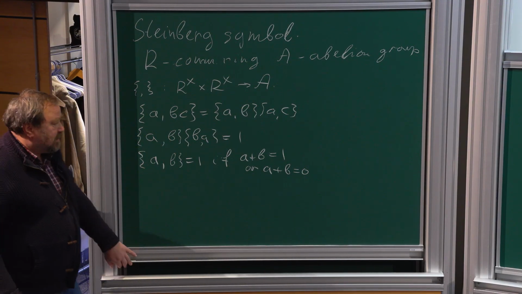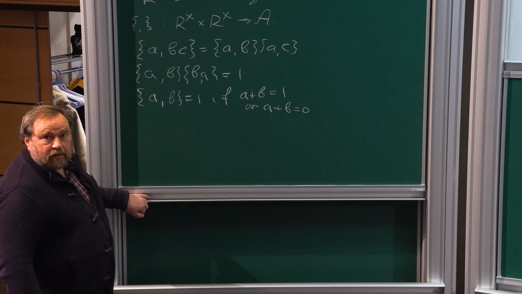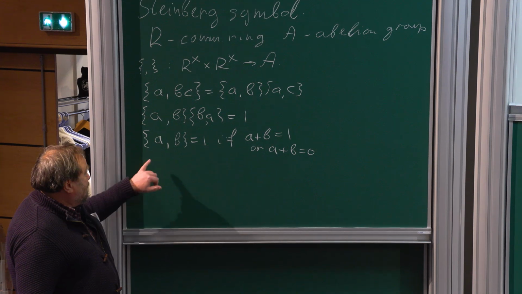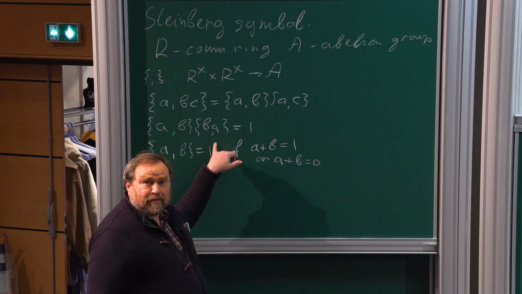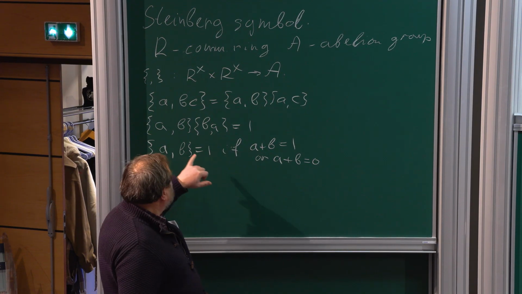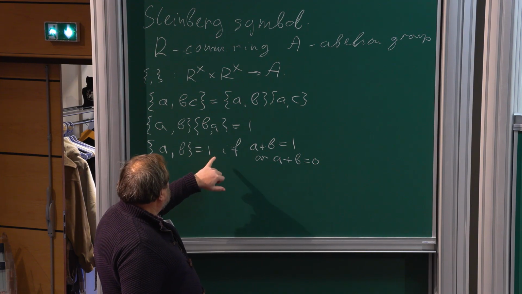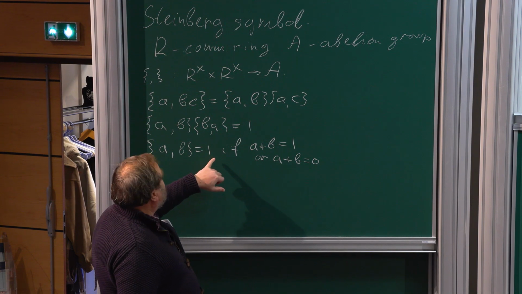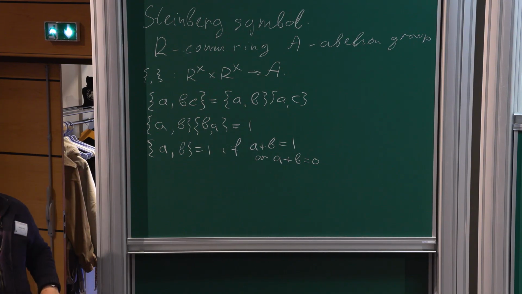The second line follows from this: if a minus a is 1, you can apply it and get it. So they are not independent.